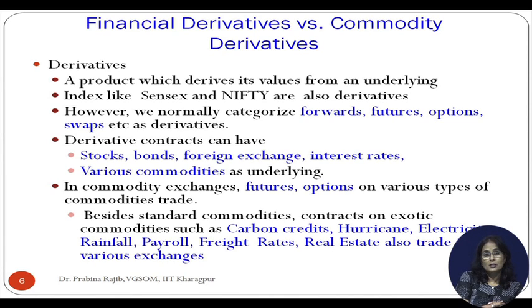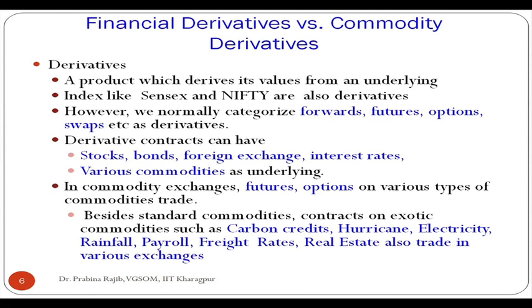Besides standard commodities, contracts on exotic commodities such as carbon credit, hurricane, electricity, rainfall, payroll, freight rates, real estate, etc. have also started trading in various exchanges, giving different opportunities to diversify portfolios. So a lot of investors and traders are entering these commodity contracts to earn some extra return, which helps them get a better return from their portfolio.